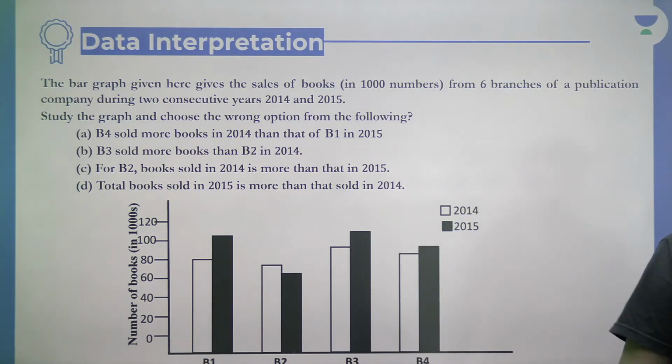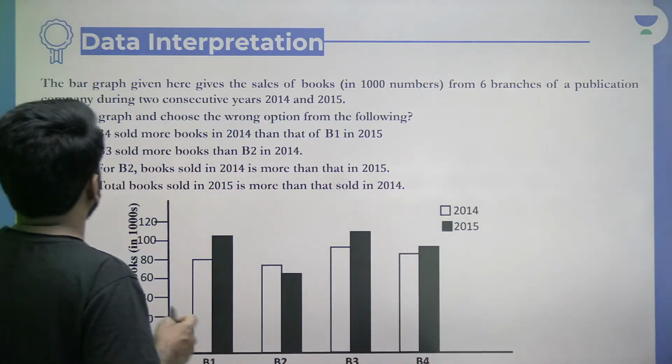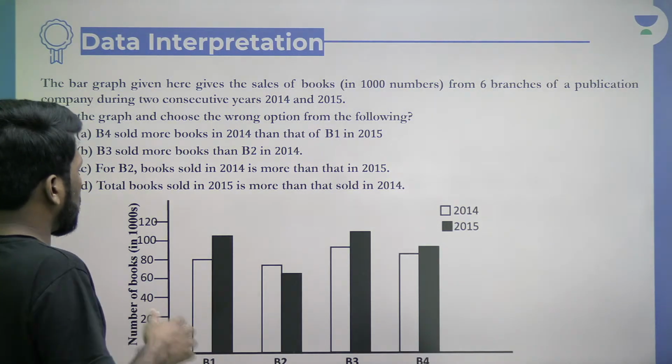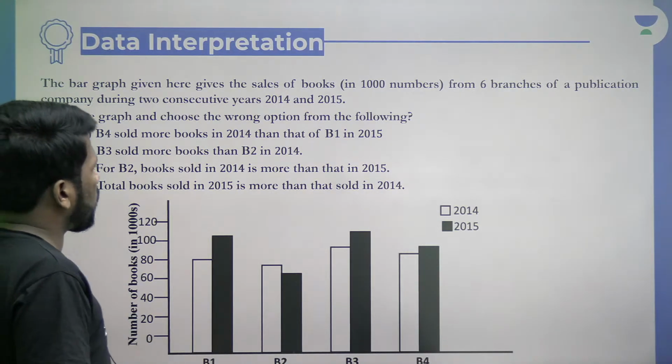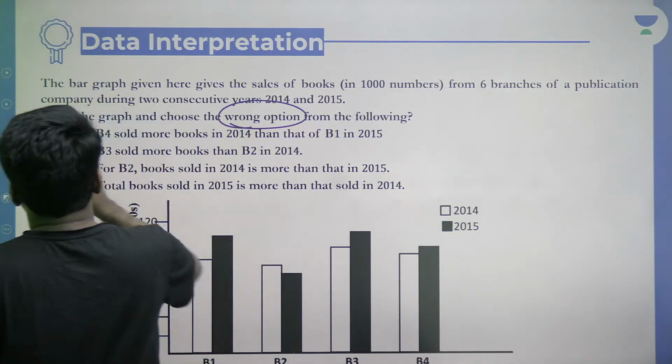The bar graph given here gives the sales of books in 1000 numbers from 6 branches of a publication company during 2 consecutive years, 2014 and 2015. Study the graph and choose the wrong option from the following. Read the question carefully. Wrong option is what you need to find.